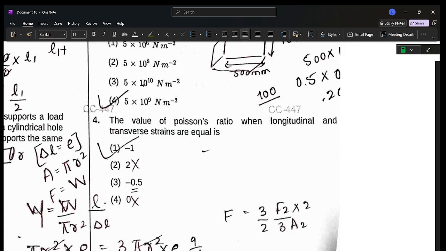Just give me everything that's necessary for the NEET exam. No, I meant Poisson's ratio.